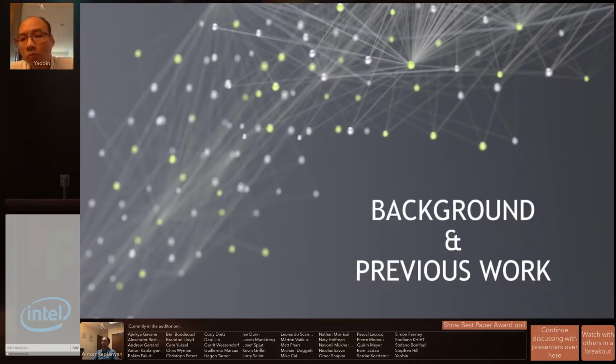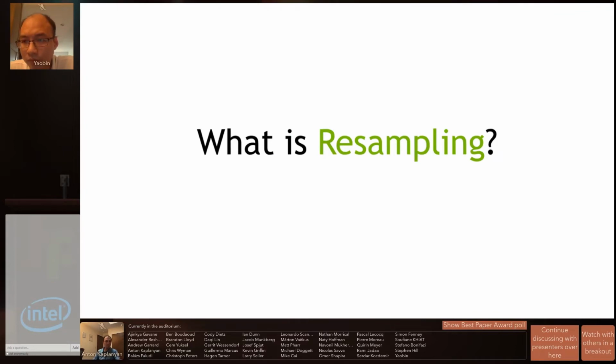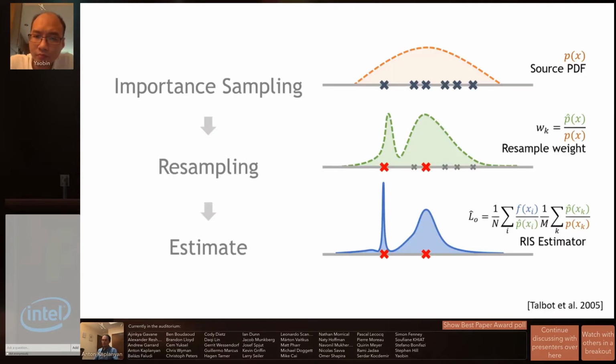Before introducing the algorithm, I would like to talk about the background and some previous work. As I said before, ReSTIR GI is based on spatiotemporal reservoir resampling. So what is resampling? Here are the overall steps of resampling, which was introduced by Talbot et al. in 2005.